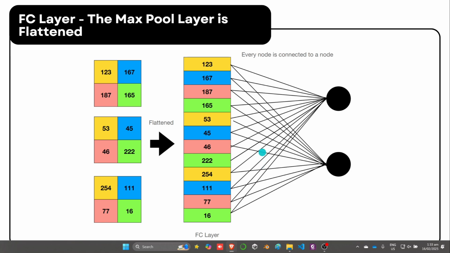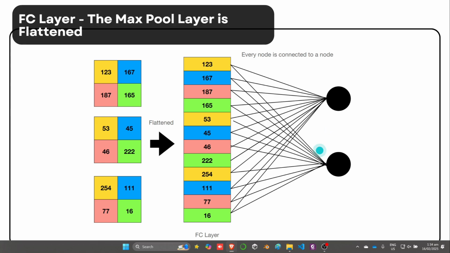Because remember, we have all these features. This one could be whiskers, this could be tail, and this could be the eye. And we have all of these values. We need to find a way for a neural network to combine different groups or different activations to correlate to which output is which. That's what output nodes are for in the end. So don't worry, this will all fit together nicely in the end.